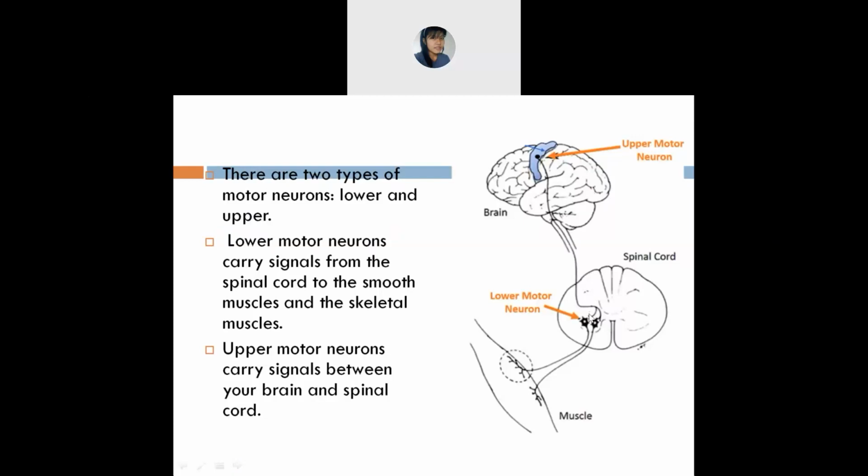So what are the smooth muscles? We have already discussed this one also. Tell me, smooth muscles are what? Shilin, tell me. Quick, quick. Smooth muscles are what? Costa, what is smooth muscle?